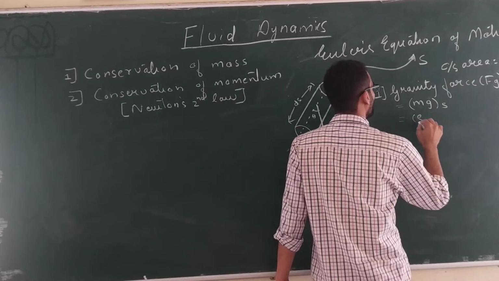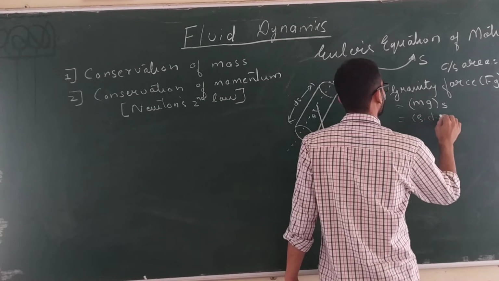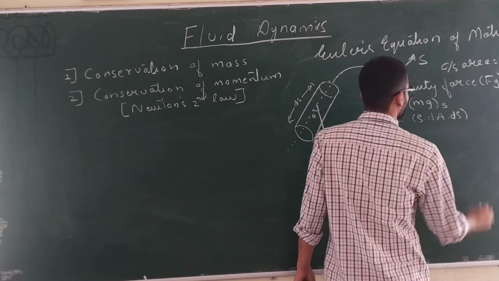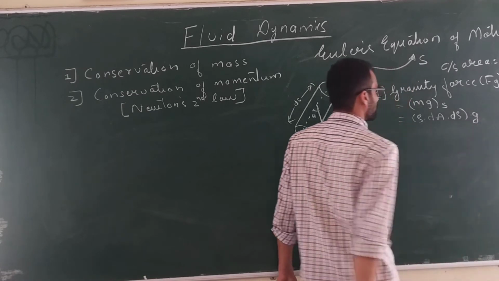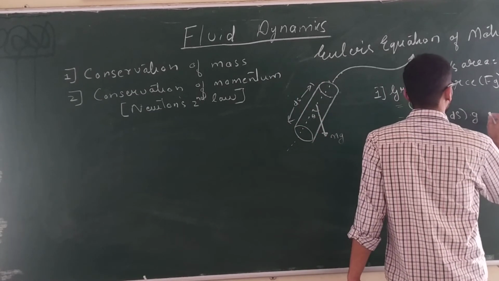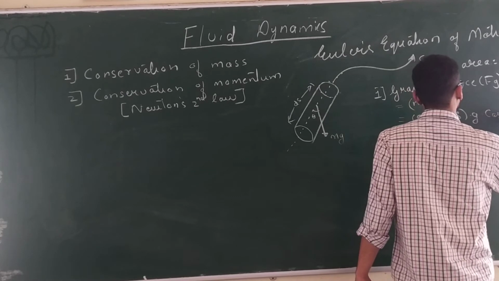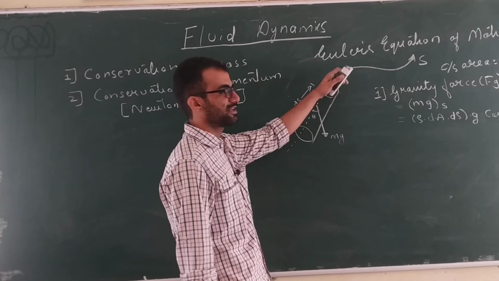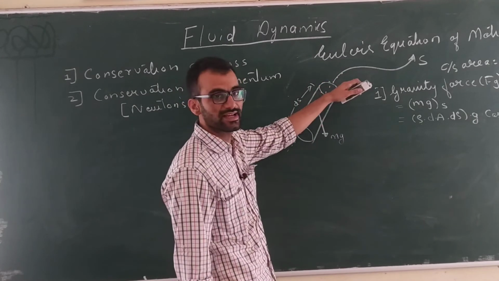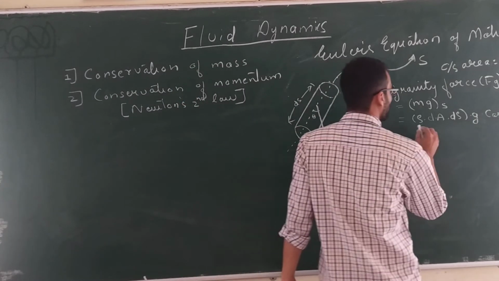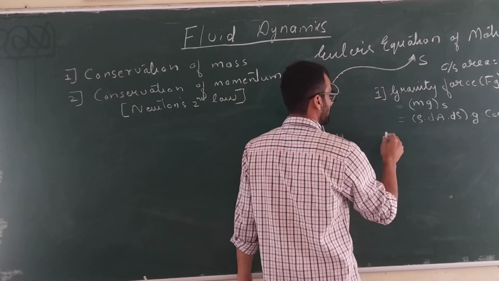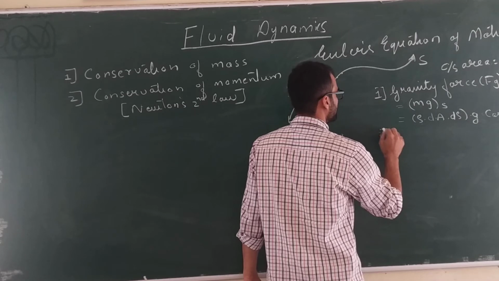It will be rho into dA into ds, into g, and the component in the s direction is cos theta. So this is the force acting along the s direction. We are only writing the forces acting along the s direction. So rho g dA ds cos theta will be the gravity force component along the s direction. Second is the pressure force.